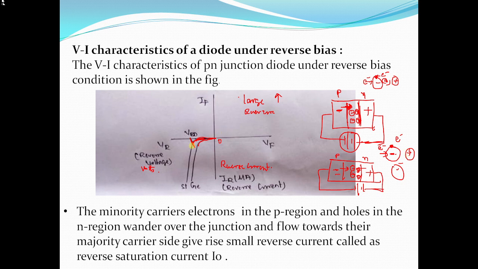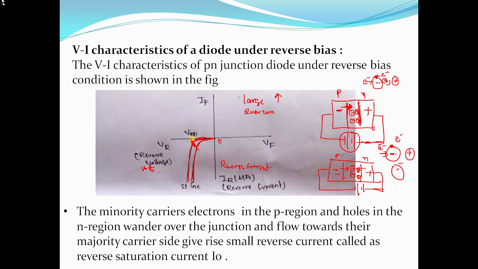The flow of a large number of electrons results in a large current. So current increases rapidly due to a bunch of electrons.